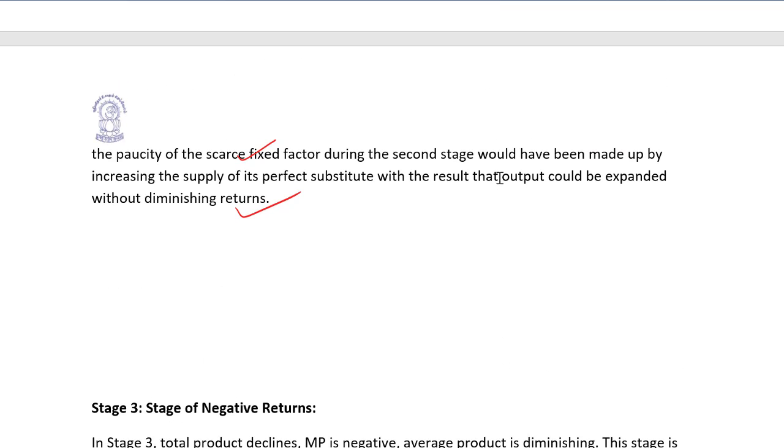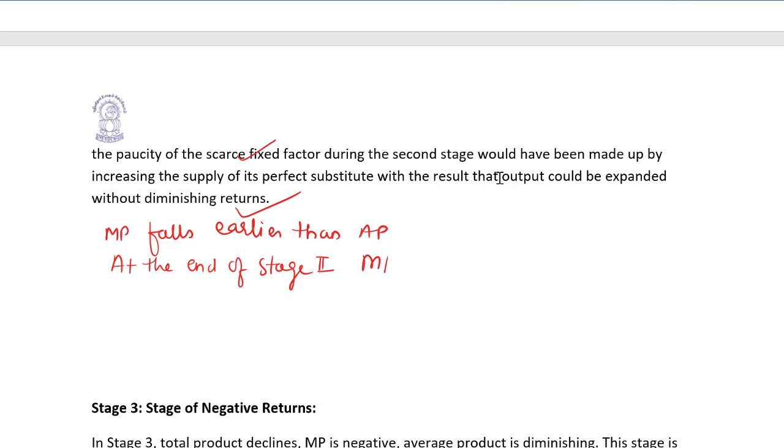The second stage is clear. You can say in this stage, MP falls earlier than AP, and at the end of stage 2, MP is equal to 0.